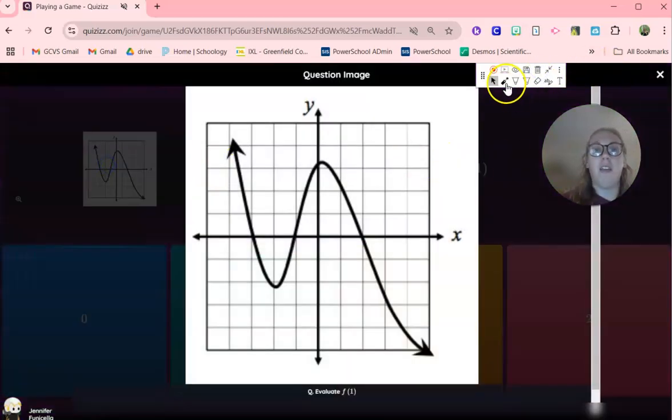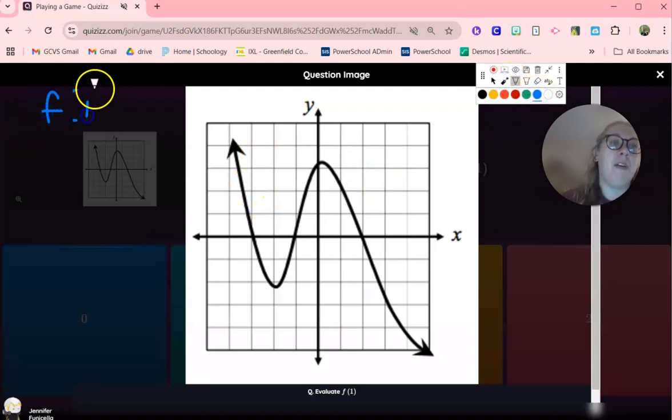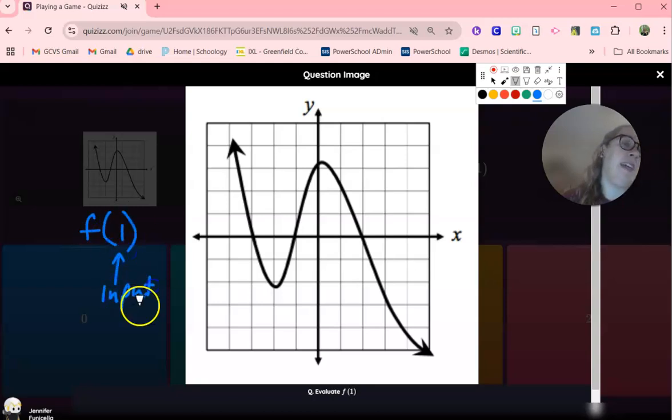Evaluate f of 1. So we go to our graph, and f of 1, remember, okay, f of 1, it's in the parentheses, so it's our input. That's our x. So we go to 1 on the x-axis, which is right here.